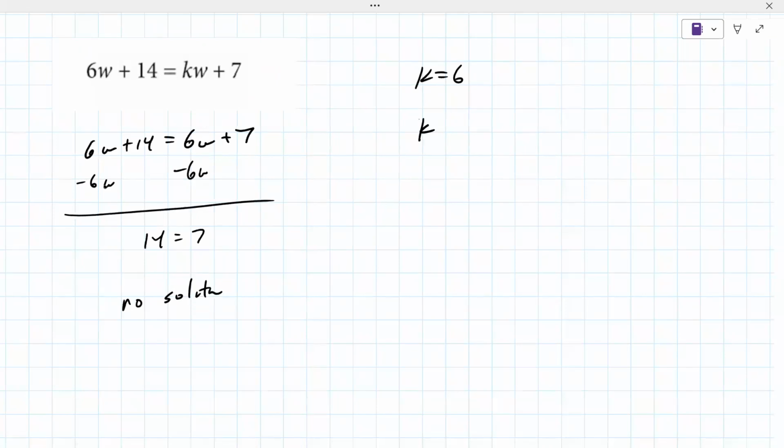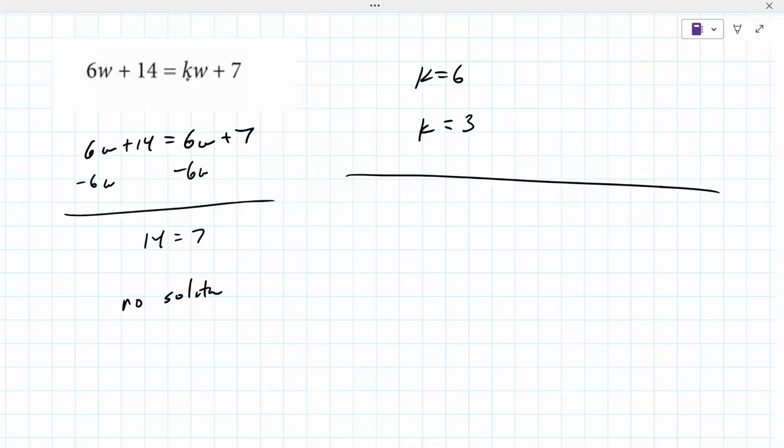Okay. Now let me ask it differently. Is there a value of K where you get down to 0 equals 0? Not really. The thing is, let's just say you're trying to make K 3.